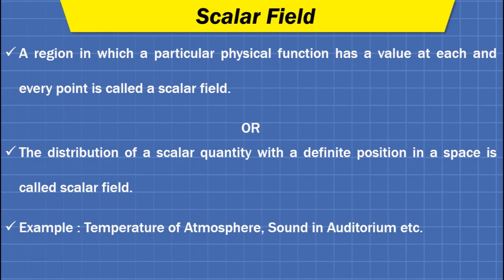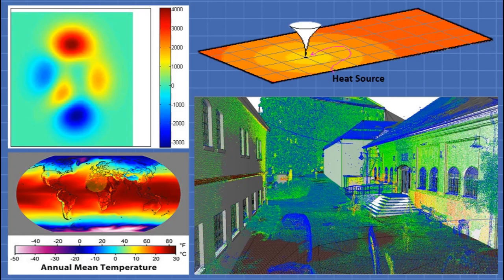So as you can see, this is the temperature graph of our earth, the annual mean temperature of our globe. By just plotting the value of temperature with respect to some color, we do not need any direction to represent the mean temperature of the globe.